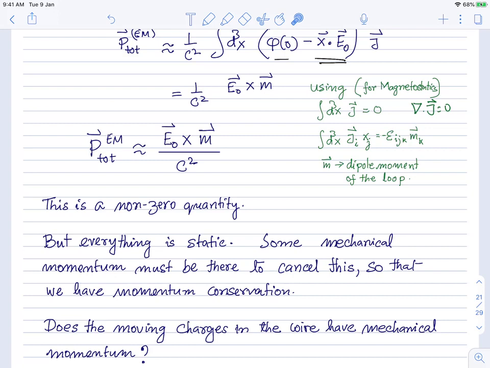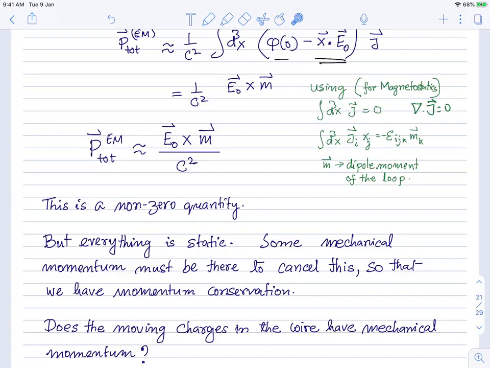That is a little bit of a mystery, and maybe there's some kind of hidden momentum somewhere, which cancels out this momentum. Because this is a static case, nothing moving, you would expect the total momentum to be zero, right? So somehow something is happening somewhere which might cancel out this momentum.